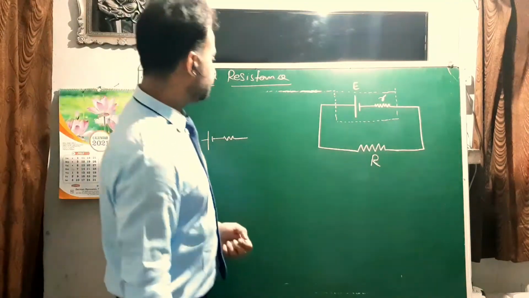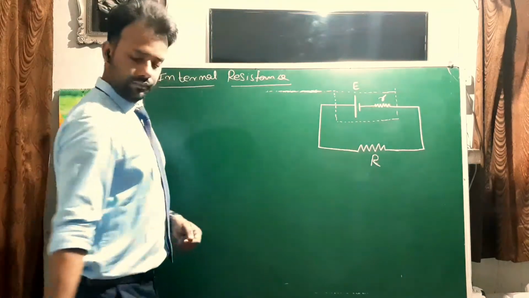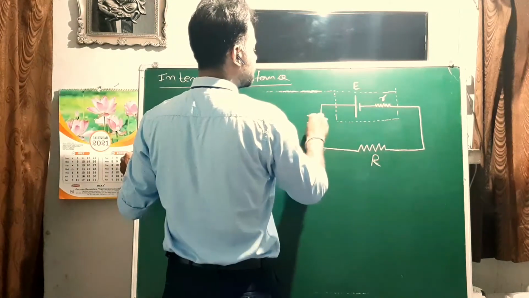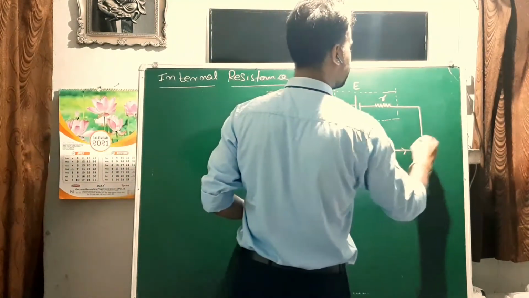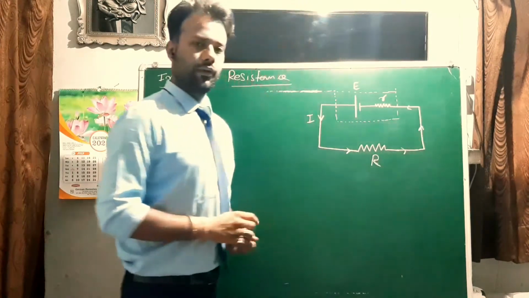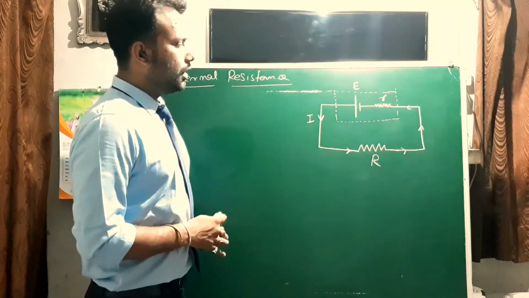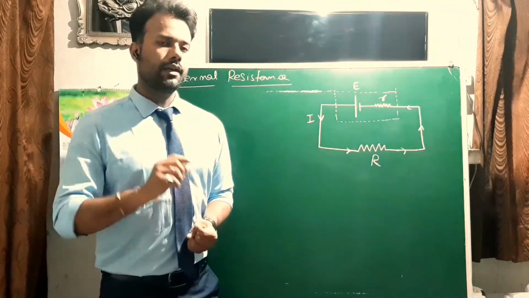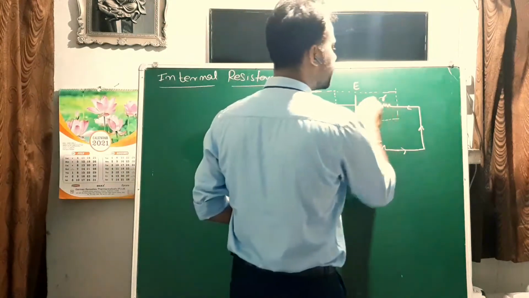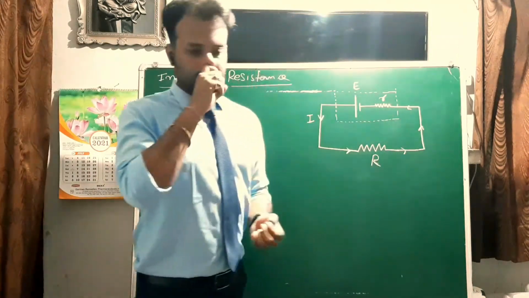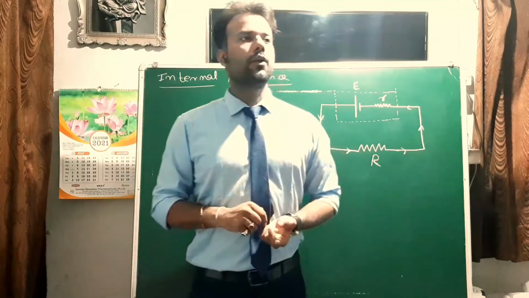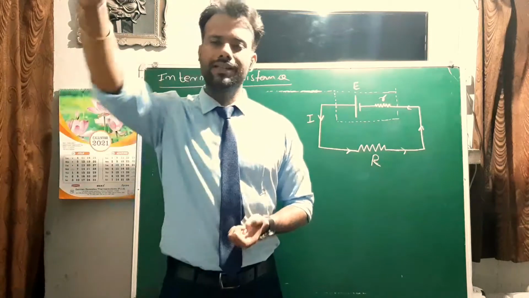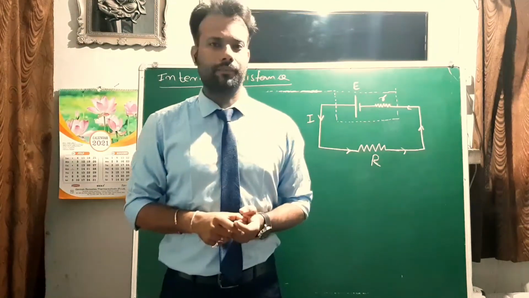Now let's discuss that the current that started flowing from the cell is I. Right? When the current I flows in the circuit, some potential is dropped across the internal resistance, because we have studied in the previous chapter, when current flows through the resistance, some energy gets dissipated in the resistor, right?